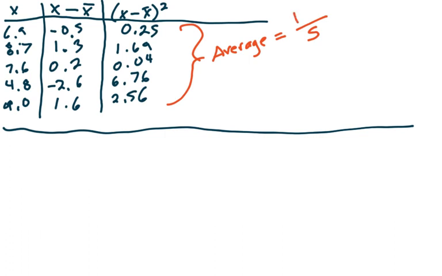When I do that, I get 11.3, divided by 5 means my average is 2.26. Now this number isn't our standard deviation, it's not our final step. This is what we call our variance. So our variance, which is denoted as a lowercase sigma squared, is 2.26.